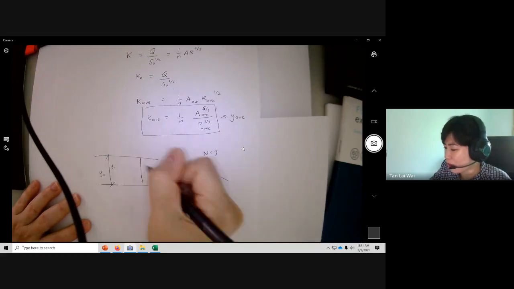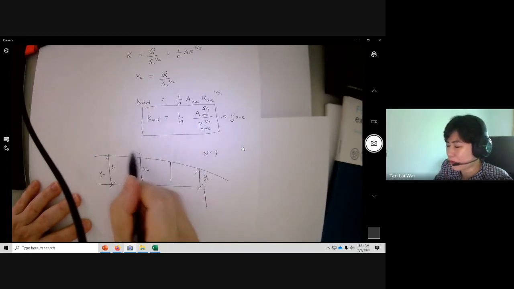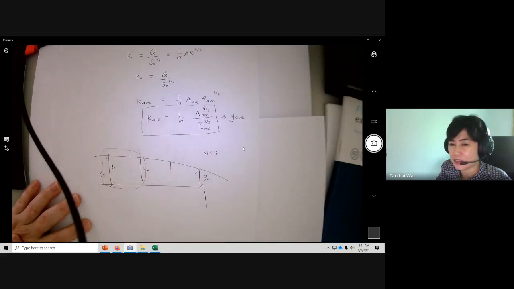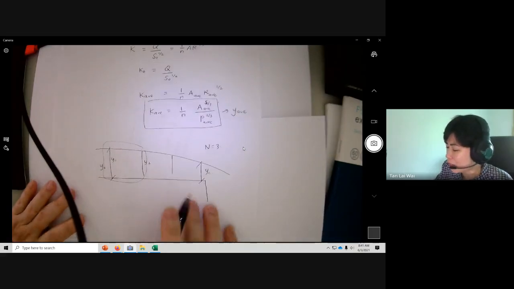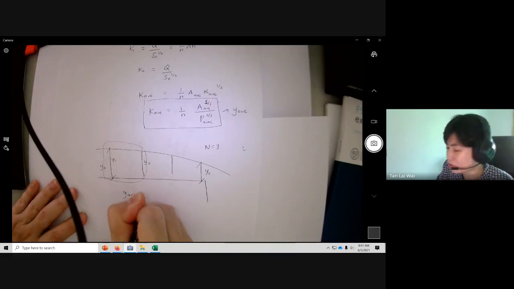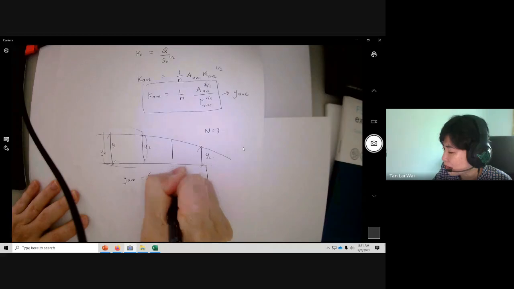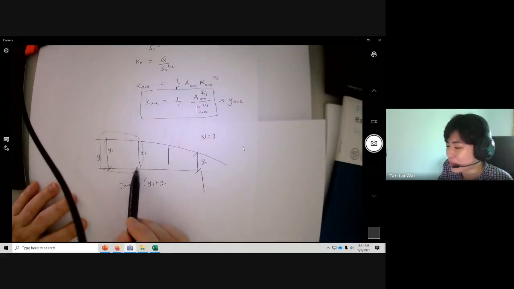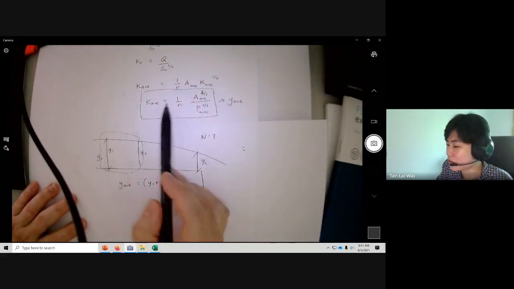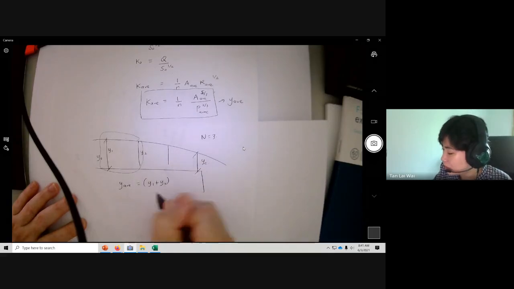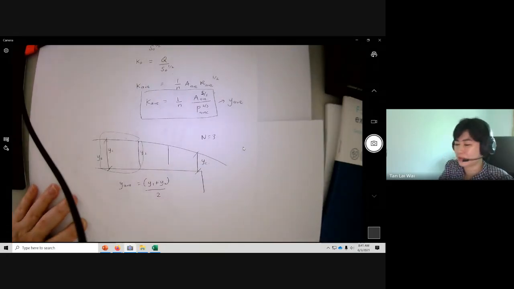If this is y1, y2, for this part here, my y average should be y1 plus y2, because I can find the conveyance for this part with this formula, over 2.